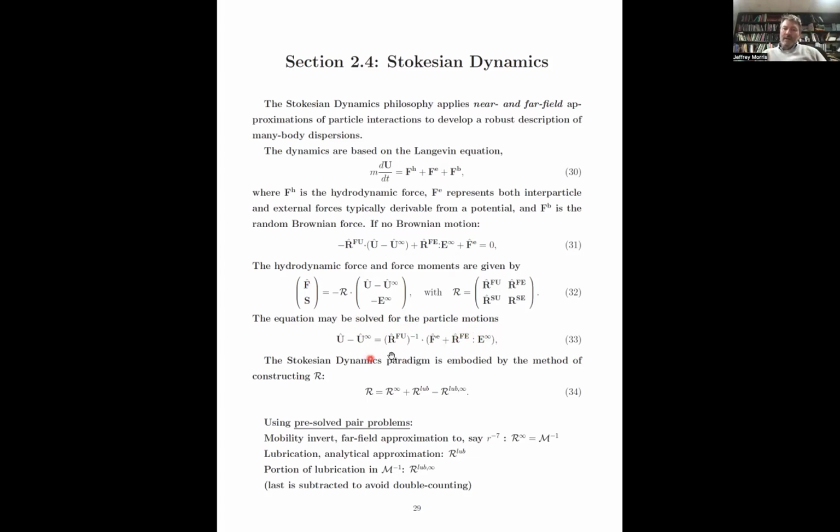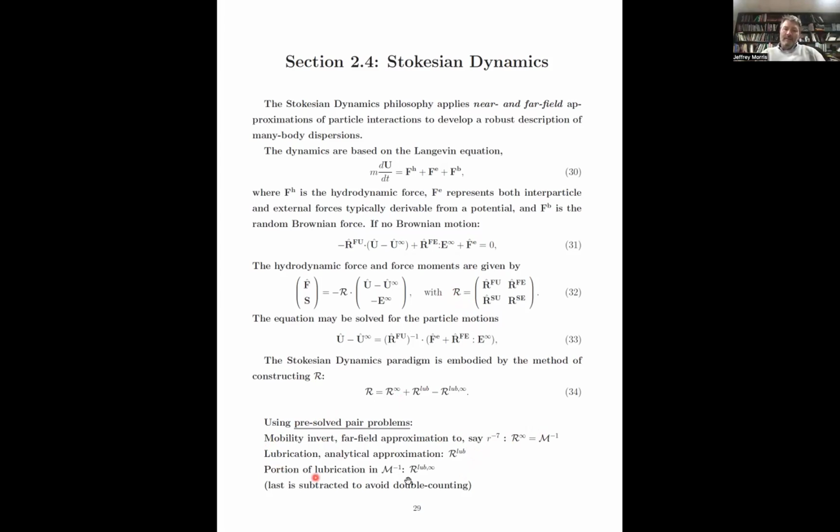The Stokesian dynamics paradigm is embodied by the method of how you construct the resistance here, and the resistance is determined by pre-solved pair problems. We take the mobility in a far field approximation up to terms of order r to the -7, and then I invert that. I have the lubrication interactions, which are the detailed interactions I was describing for pair particles. Because they're singular at contact, they don't care what the surroundings say, so those are a pair problem by nature.